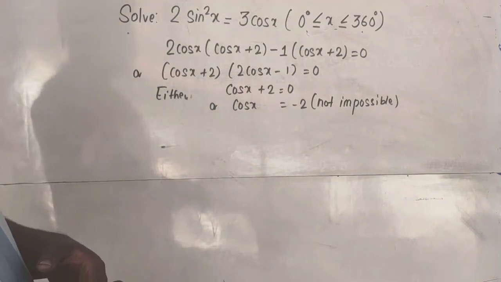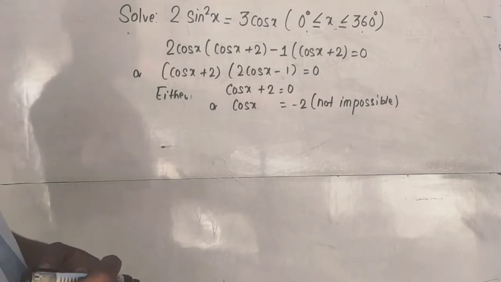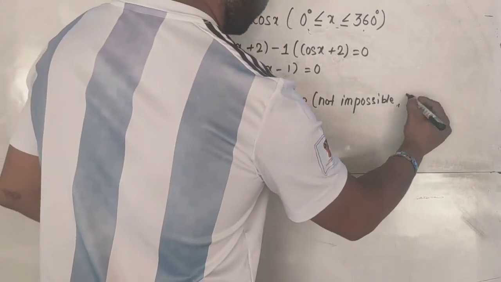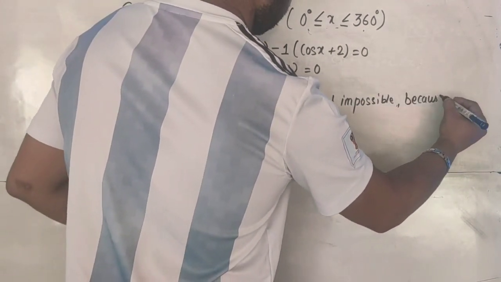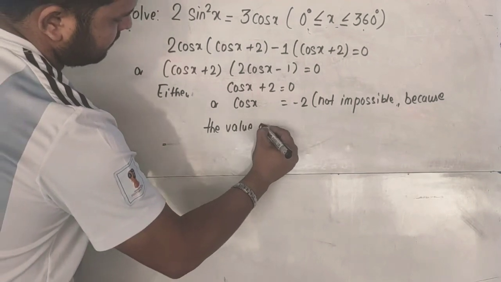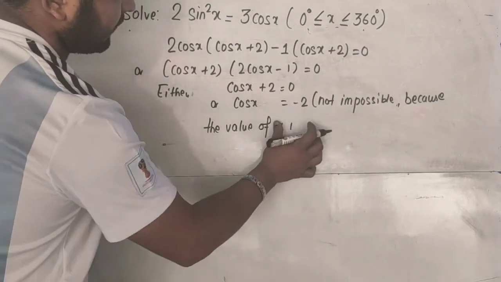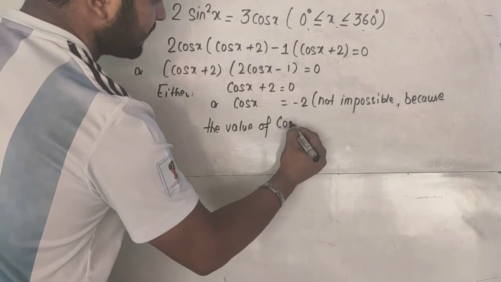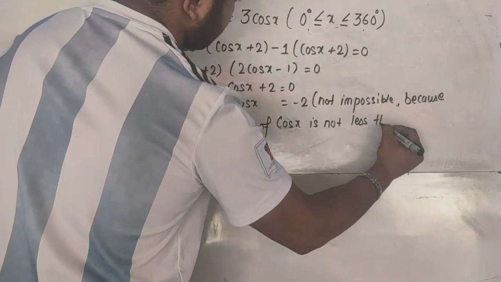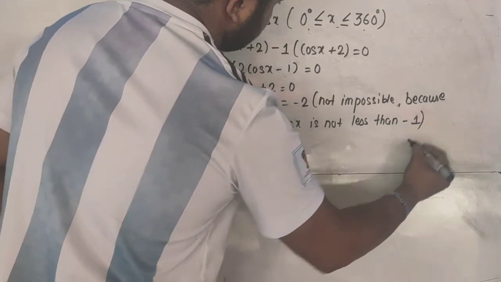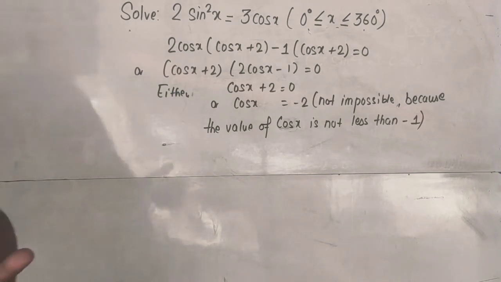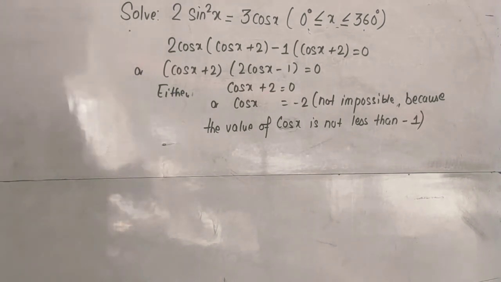It doesn't go below minus 1, and it doesn't go above plus 1. You can mention this reason: cos x cannot be less than minus 1. So we neglect this one.